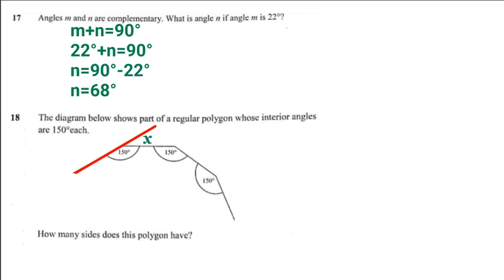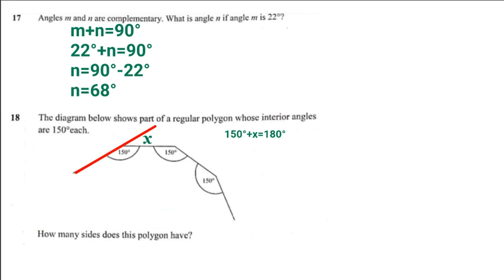So we're going to come up with an expression to say the interior and exterior angle of a polygon add up to 180 degrees. Therefore, 150 degrees plus X is equal to 180 degrees. Then what is the value of X?